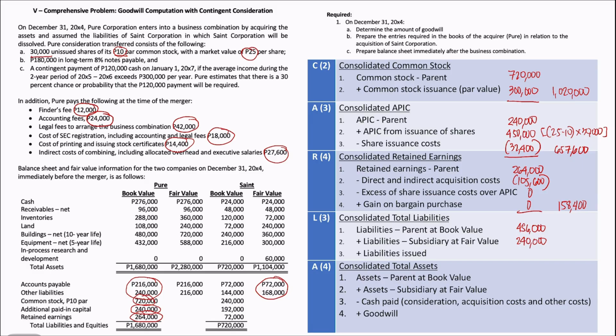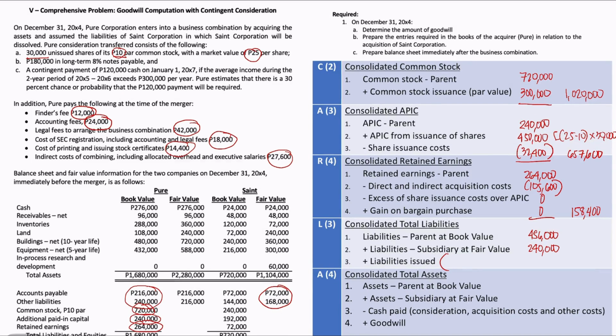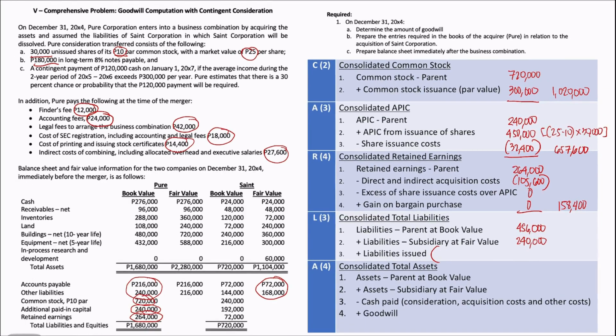For liabilities issued, we have notes payable of 180,000, and contingent consideration of 120,000 times 30%, 36,000. Total liabilities issued is 216,000. Hence, the consolidated total liabilities on the date of acquisition is 912,000.